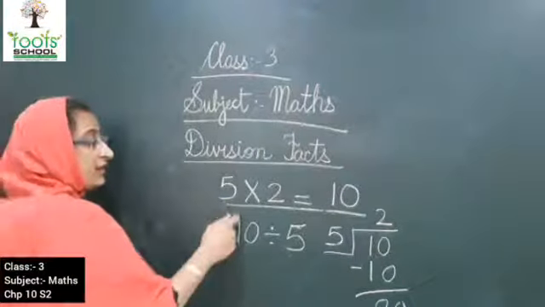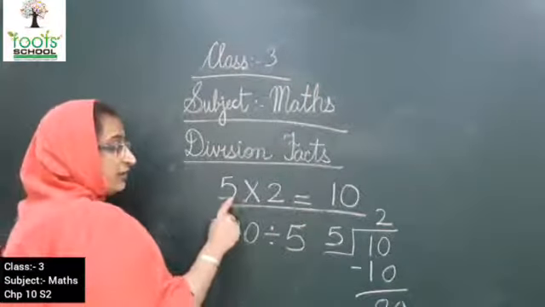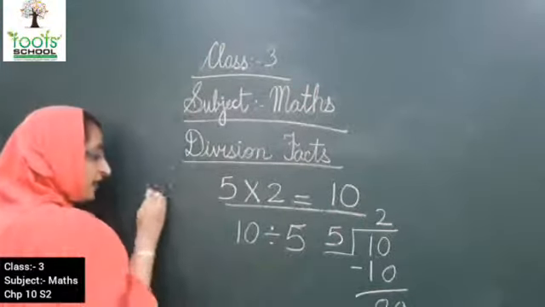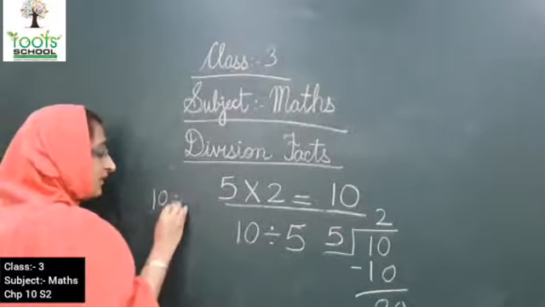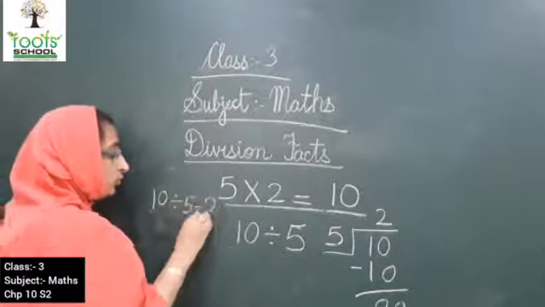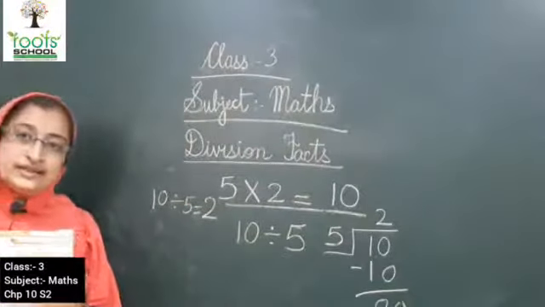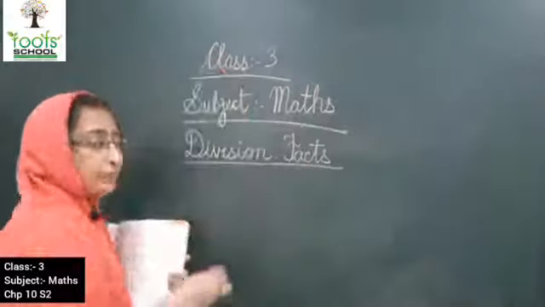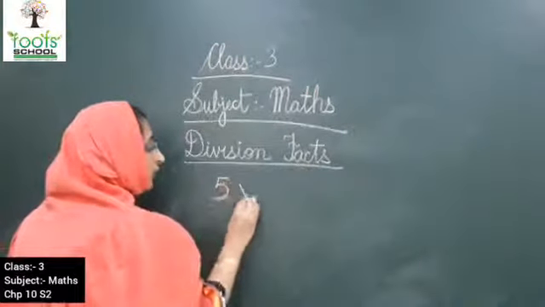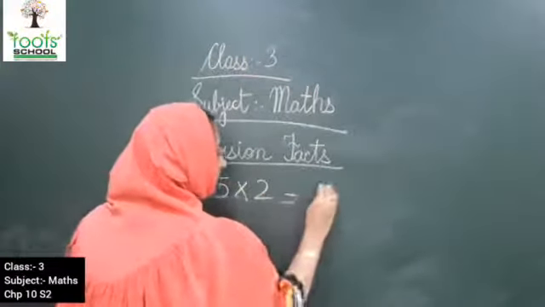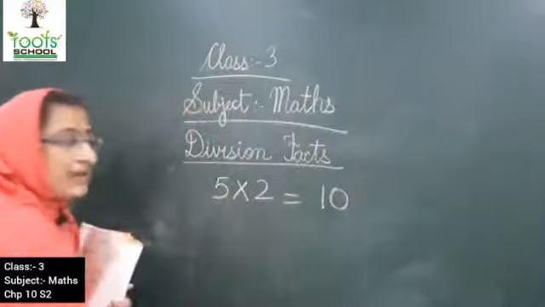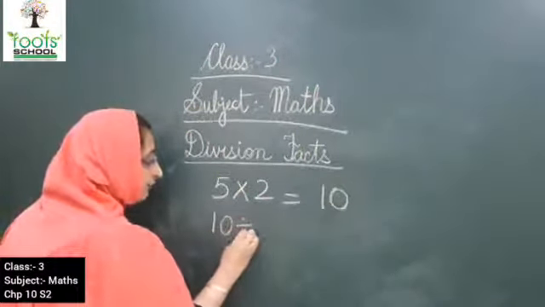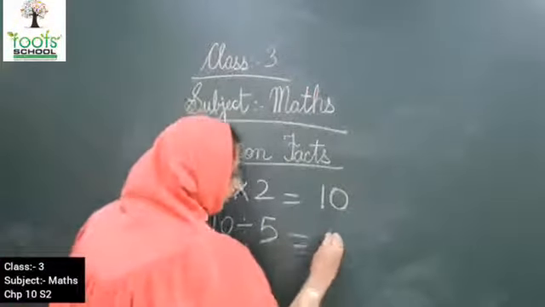So kids, what was this reverse? Here 5 2s are 10 and here 10 divided by 5, I will write over here. 10 divided by 5 is equal to 2. Understood? Every one of you understood kids? So we were doing 5 into 2 is equal to 10, and inverse if we write is 10 divided by 5 is equal to 2.